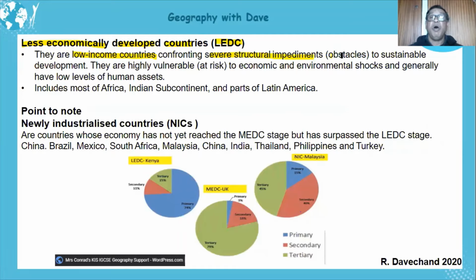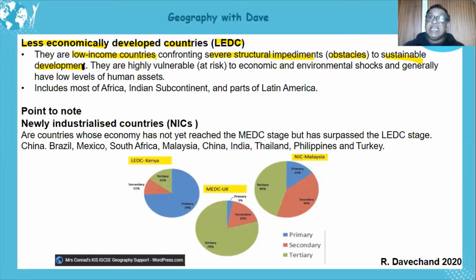That means obstacles in terms of structure, infrastructure, etc. It's not the best in terms of your education systems and things, for sustainable development. Sustainable development, you know already, is having enough resources for the future.